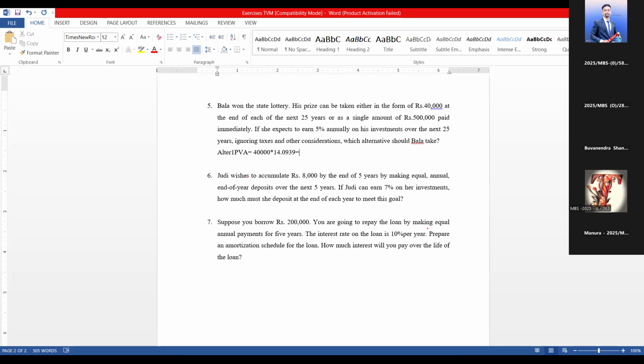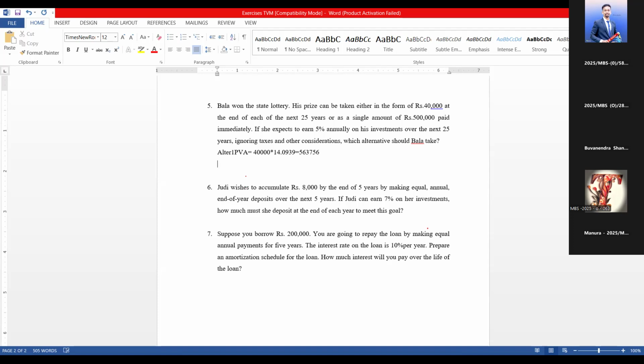What is the value today, the present value for this 40,000? 14.0939 into 40,000 is nearly 5 lakhs 63,756.